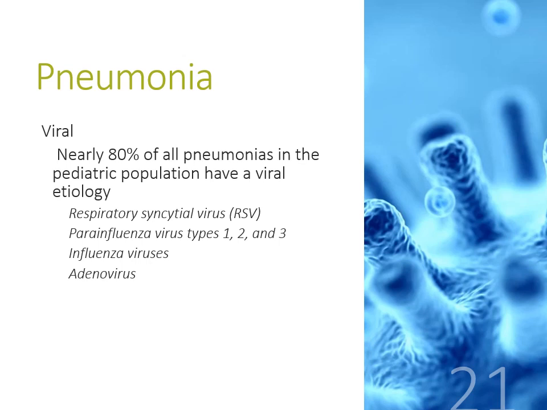Treatment is typically supportive. The parainfluenza viruses are the second most common cause of croup and pneumonia. Type 3 is the most common cause in children younger than 5 years old and occurs year-round with no seasonal peak.